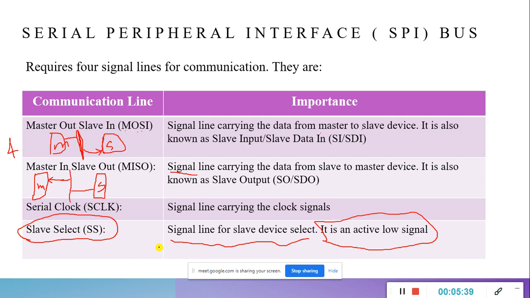But here the faculty will choose the student: so-and-so USN has to give the answer. This is the analogy for how the slave gets selected in the case of the serial peripheral interface.